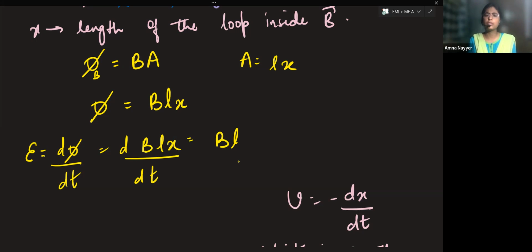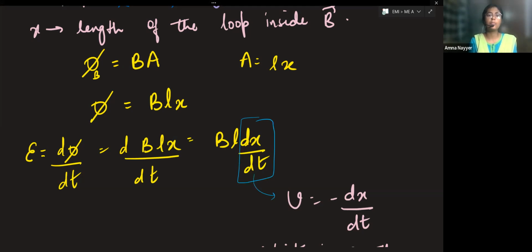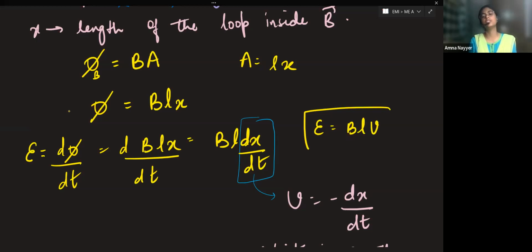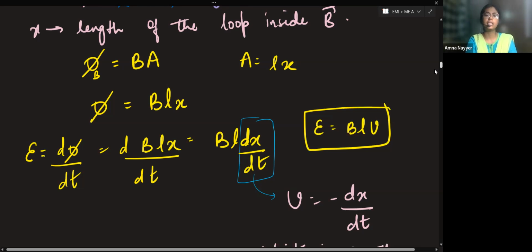X is variable, so it has to be differentiated. Now dx over dt, all of us know from lower classes as well, is nothing but velocity. So the formula of motional EMF is B multiplied by L multiplied by V. Formula is easy.